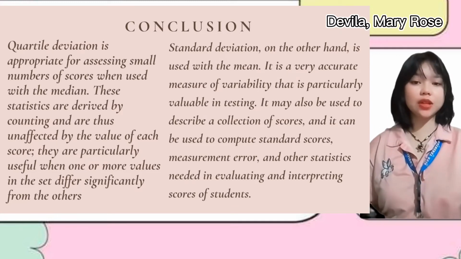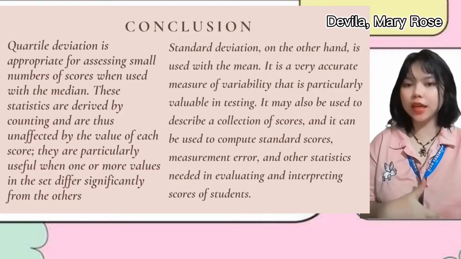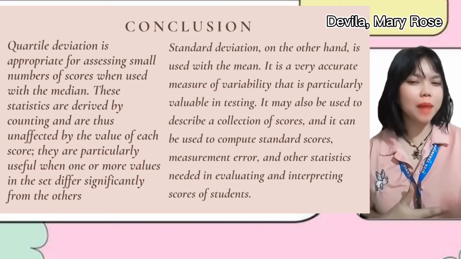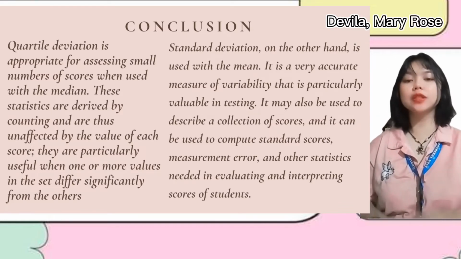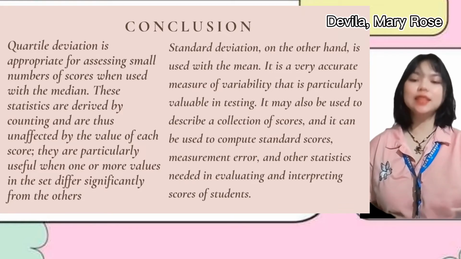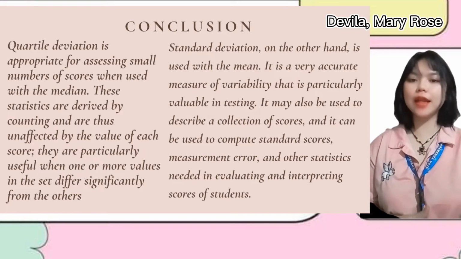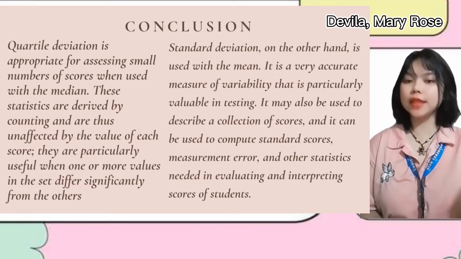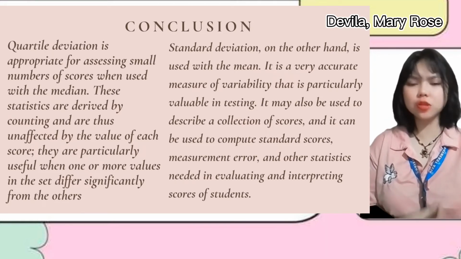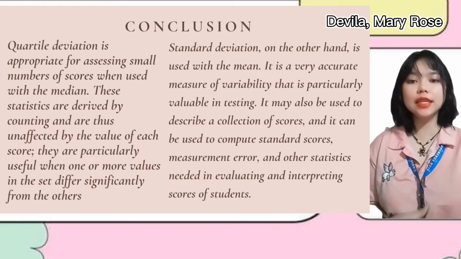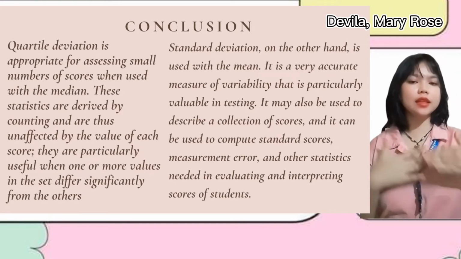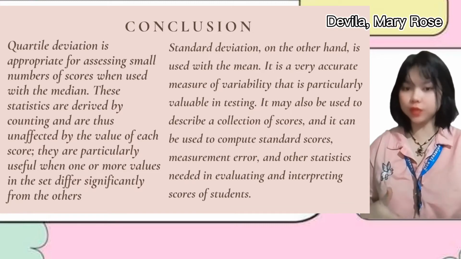The standard deviation, on the other hand, is used with the mean. It is a very accurate measure of variability that is particularly valuable in testing. It may also be used to describe a collection of scores, and it can be used to compute standard scores, measurement error, and other statistics needed in evaluating and interpreting scores of students.